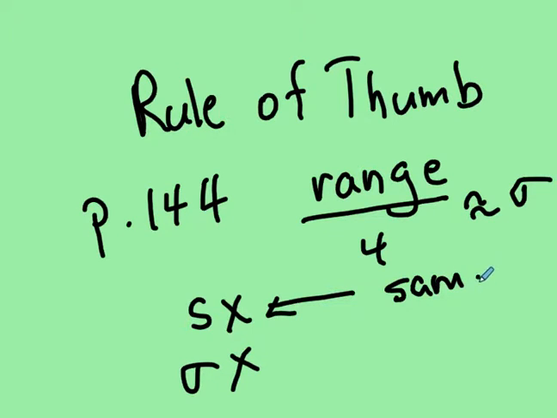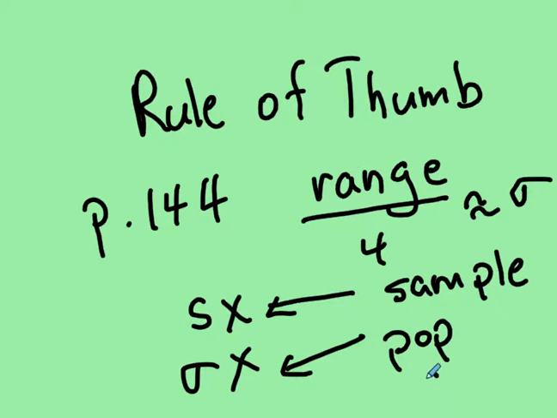If you're only looking at a part of the population, a sample of the population, you're going to use the S of X. Sigma X is the population standard deviation, and you will use it appropriately. So make sure you know which one you are looking at, and then choose the proper one from your calculator.